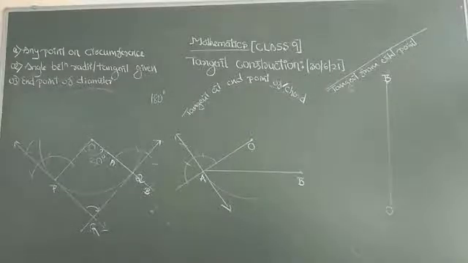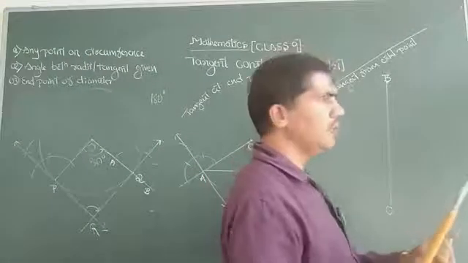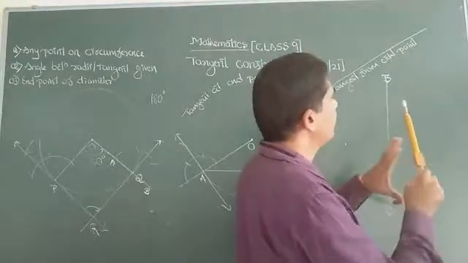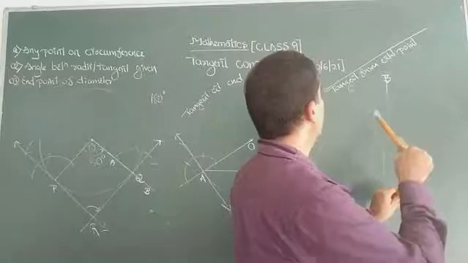How to construct? To construct tangents, first of all, I should bisect the line segment OB. Line segment OB is to be bisected perpendicularly. So how to bisect the line segment OB perpendicularly? Recall what you had done earlier. Take more than half of OB. I have taken approximately this much.